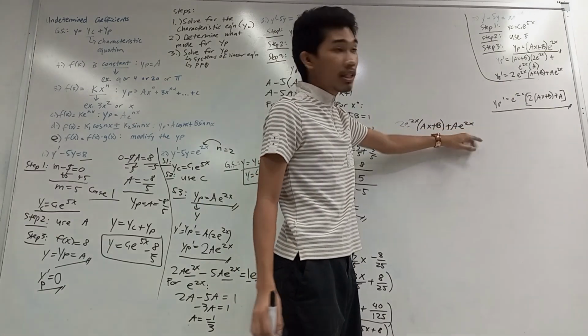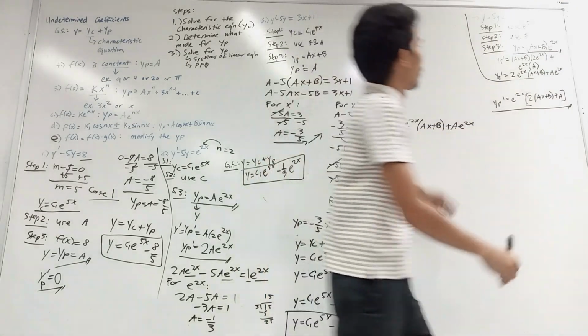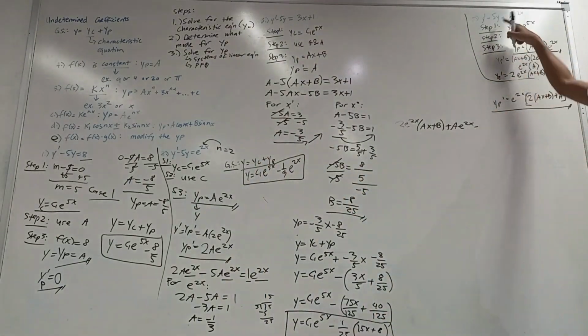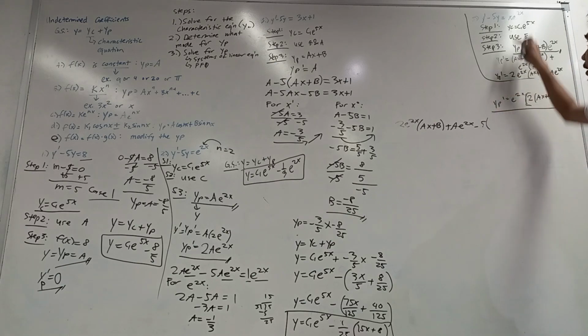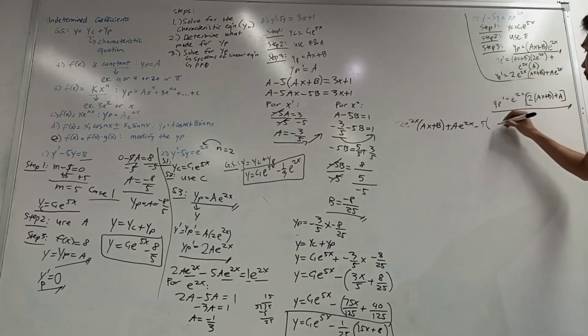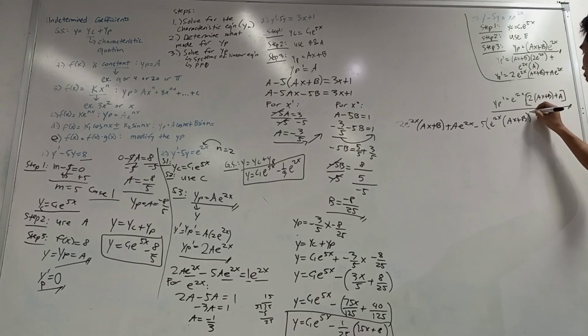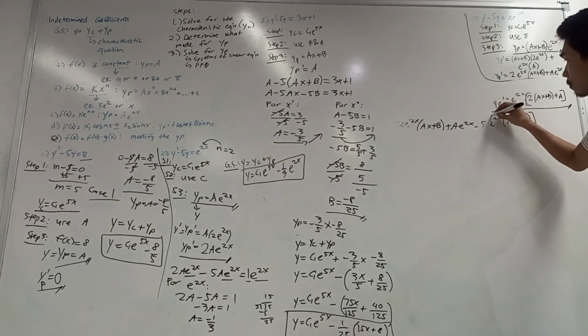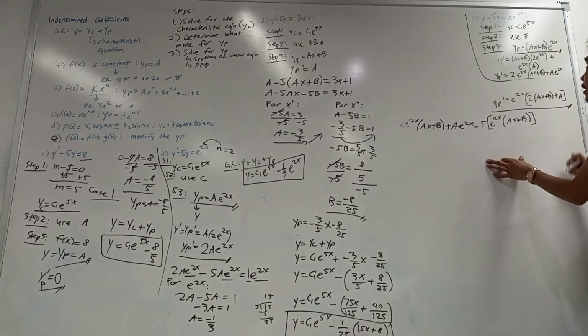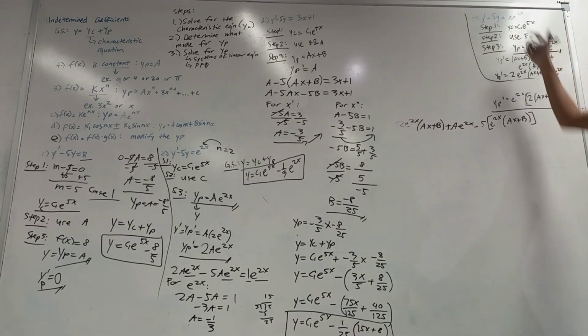So, ito pa lang is yung y prime minus 5. Then yung y na e raised to 2x times ax plus b. And then equals to x e raised to 2x.